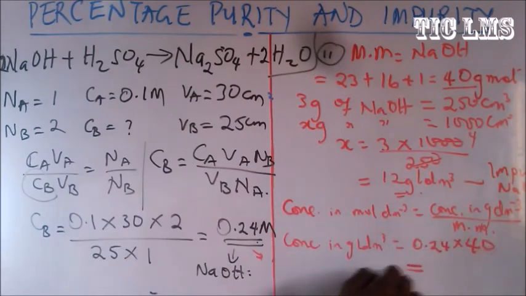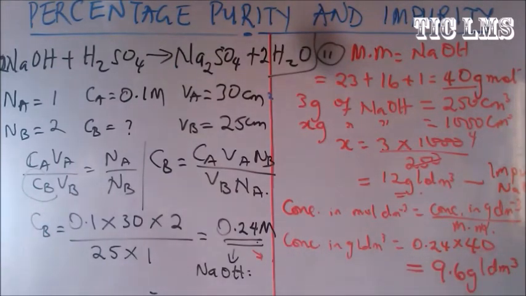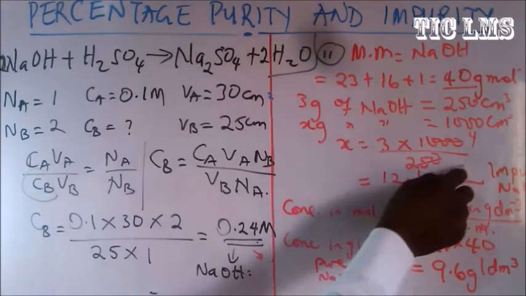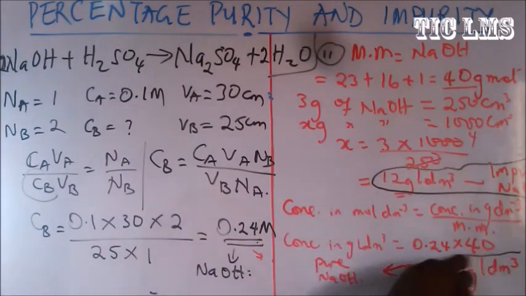And so we'll have it at 0.24 multiplied by 40, and that gives 9.6 grams per dm cubed. Alright, so this is now the pure. This is the pure NaOH in gram per dm cubed. Alright, and then this is the impure, and this is the pure.